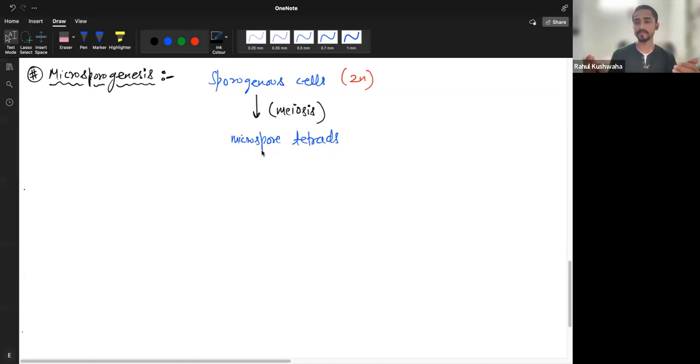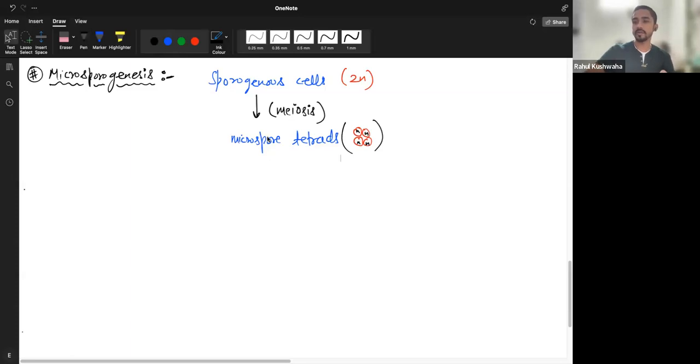Correct, everyone? Make sense? So we have a microspore tetrad, a bunch of 4 cells that looks like this. That's why we call it a tetrad, and each cell is a haploid cell, so N. This is what a tetrad looks like.